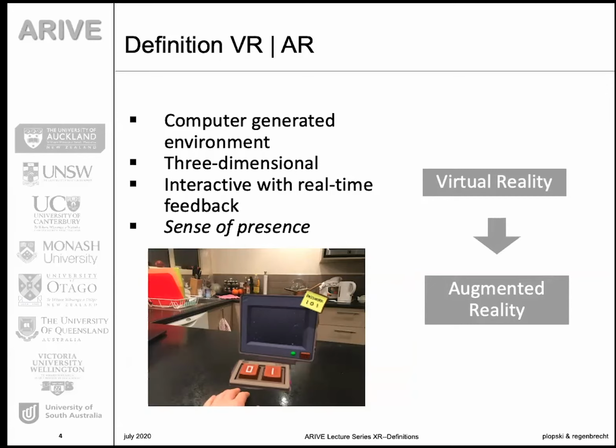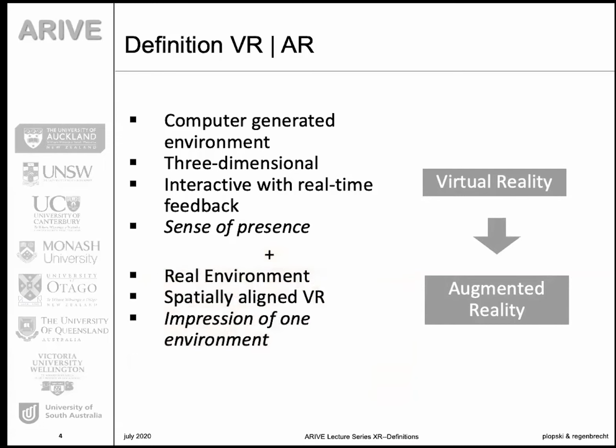And everything else is real. So the computer graphics are now embedded into the real environment. So they need to be spatially aligned in the sense of, if I walk around this kitchen table, the graphics are still remaining on the table where they have been before.